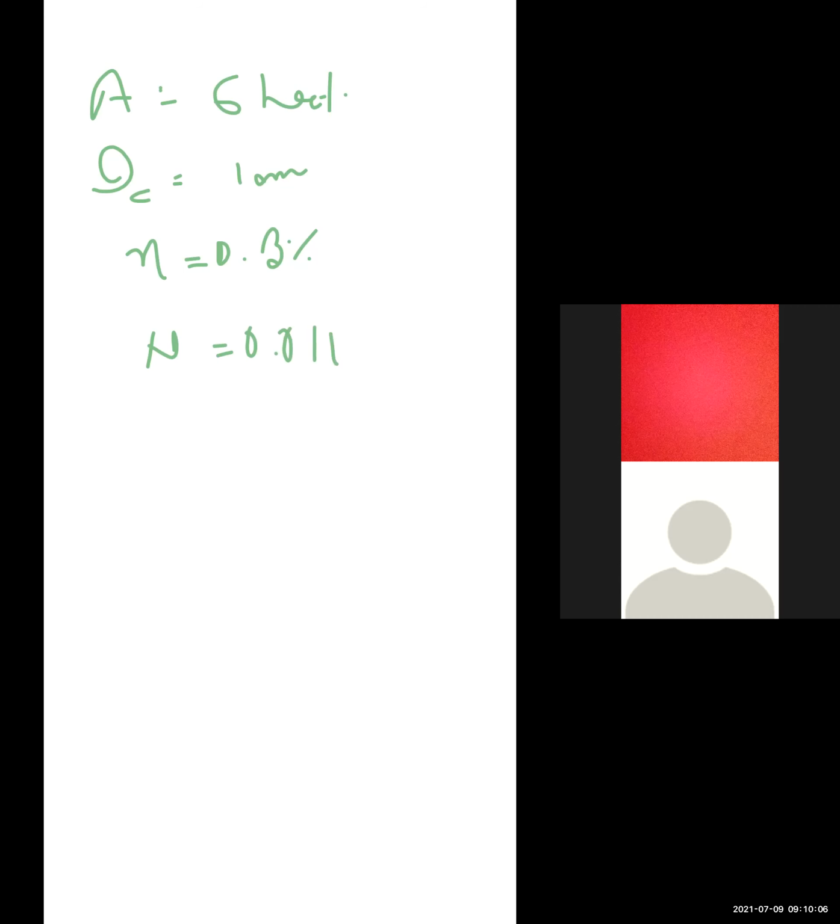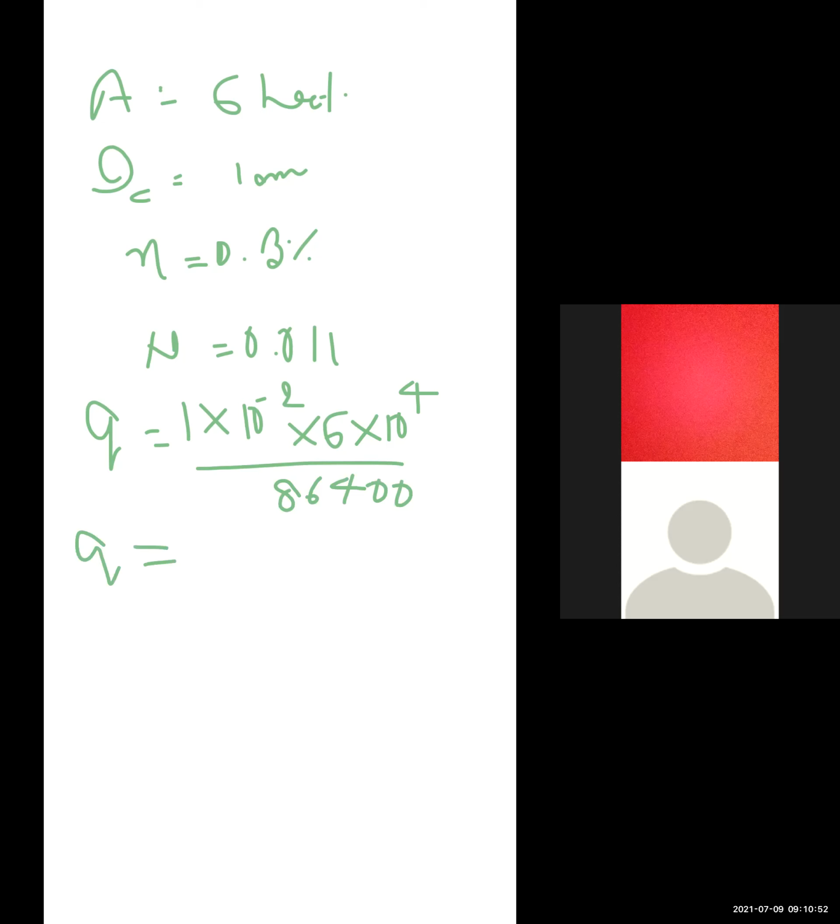So we can calculate discharge Q equal to 1 into 10 to the power minus 2, that is DC, the drainage coefficient, into 6 hectare converted into meter square, divided by 86400 seconds.